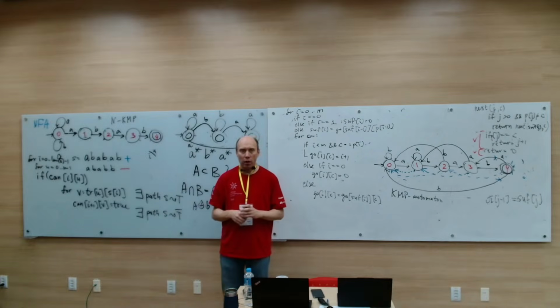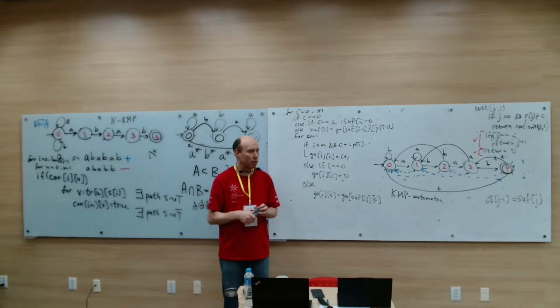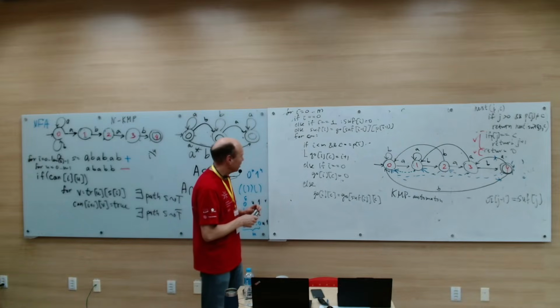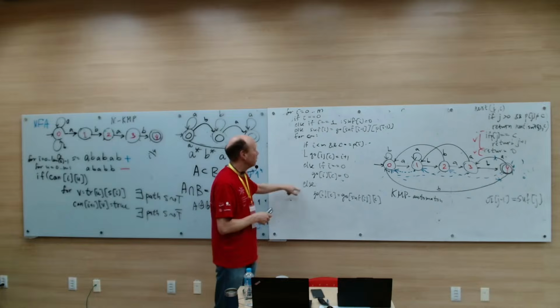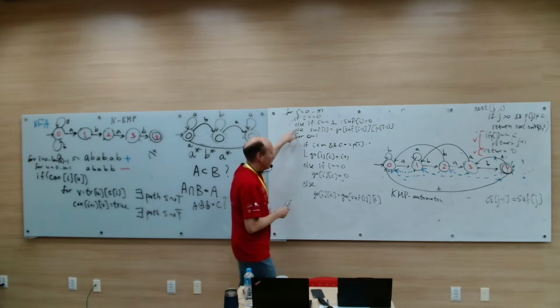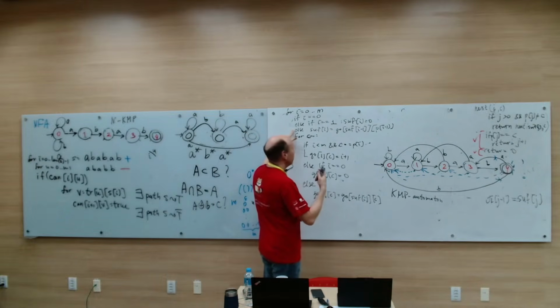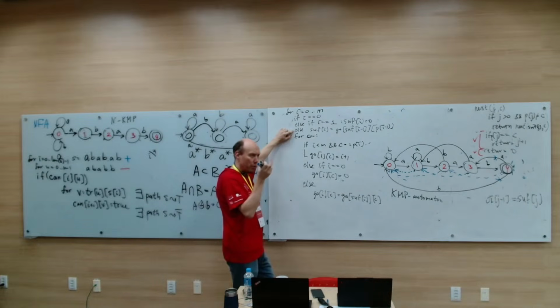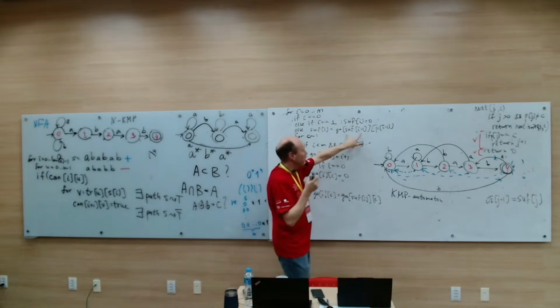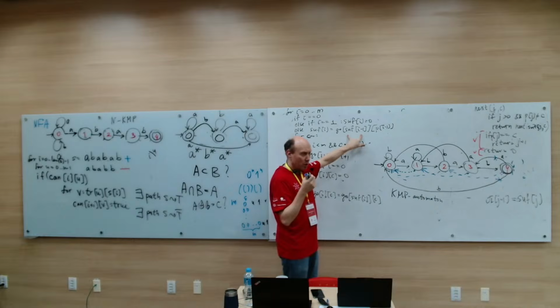So, I see a question? Yeah. I don't understand the third line. Which one? This? Yes. Let's see. If you remember the code of the prefix function, we have g from the previous step, as it is the suffix of i minus 1. It is the g for the previous.